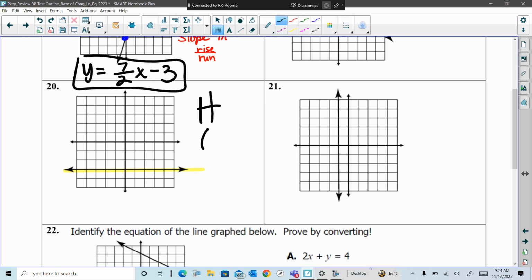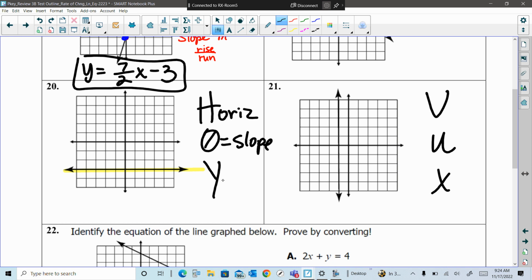What does the H represent? Horizontal. What does this 0 mean? Zero slope. What is this Y? y equals the y-intercept. So this is going to be y equals negative 3. That is the equation. Anytime it's a horizontal line, it's just y equals b.